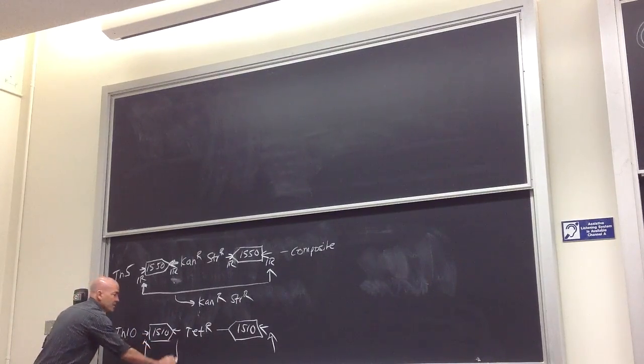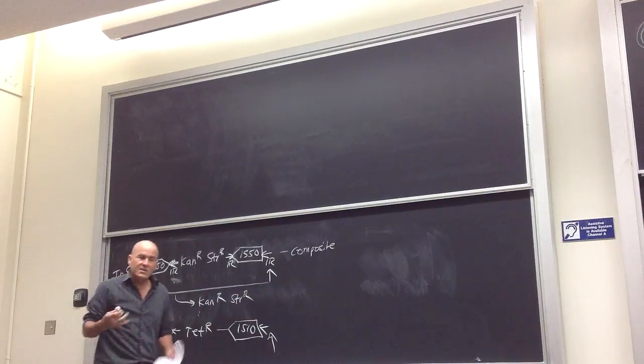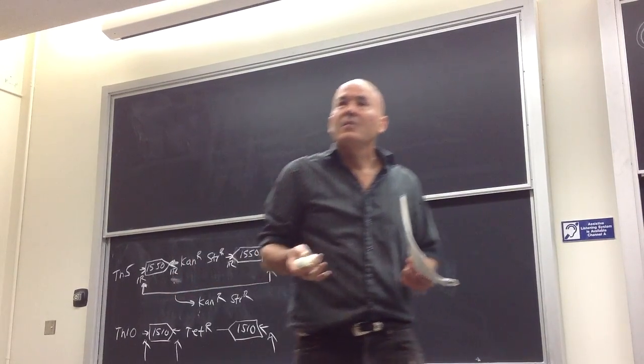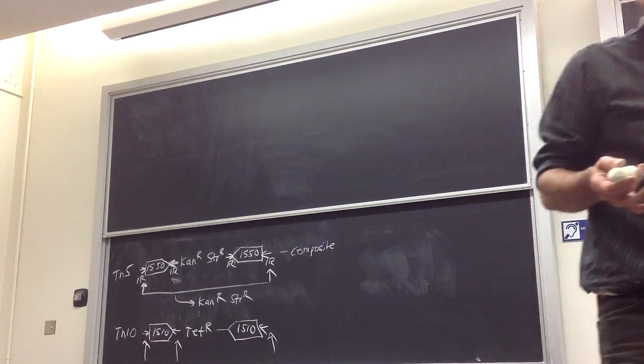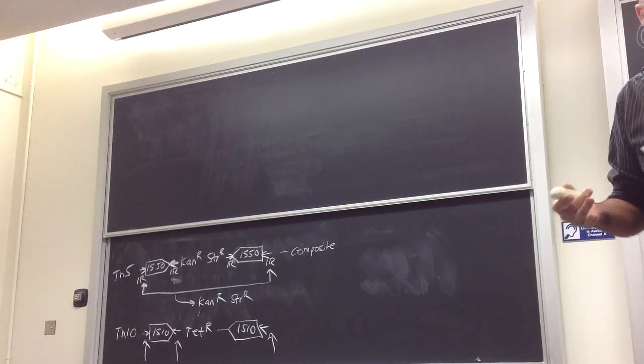But it can also just transpose the insertion sequence itself, but it won't carry any resistance. Can you see why these transposons can provide bacteria with a really quick way of gaining resistance? These transposons can hop in the chromosome, and many times they hop into plasmids.